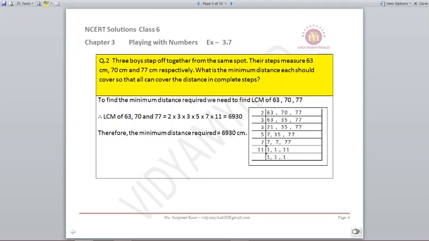Now the number is no longer even, so we will look for another prime number, that is 3. Your 63 is divided by 3, that comes to 21. 35 will remain as 35. 77 will also remain as 77.